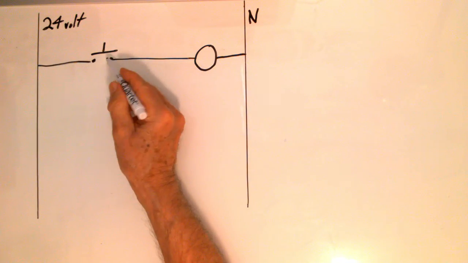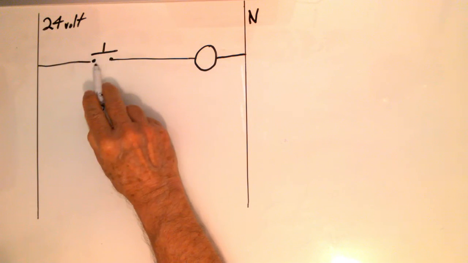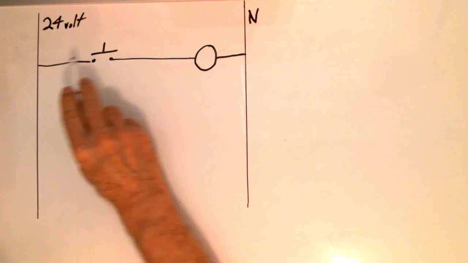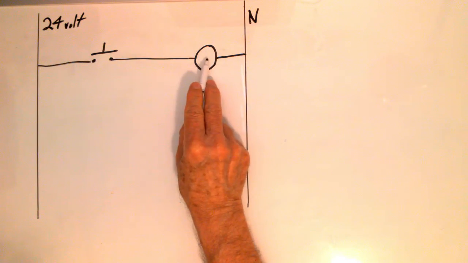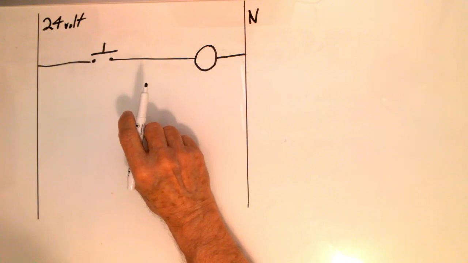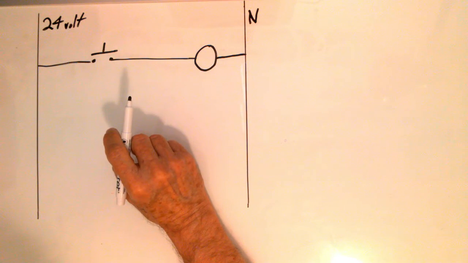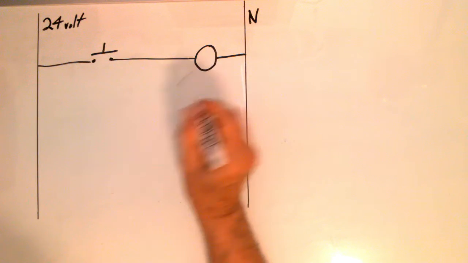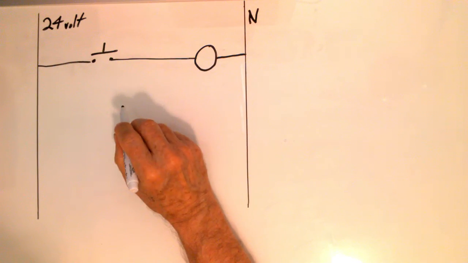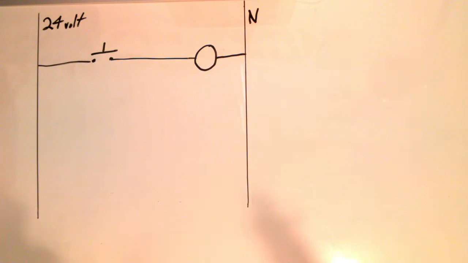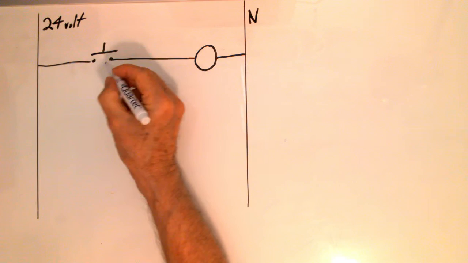If I push this button, it will bridge the mechanical gap between these two points. We will apply 24 volts to this coil. Current will flow, and that will produce a magnetic field which will move the armature of whatever this device is, and with that we can start a motor. We'll say that will be used to start a motor.